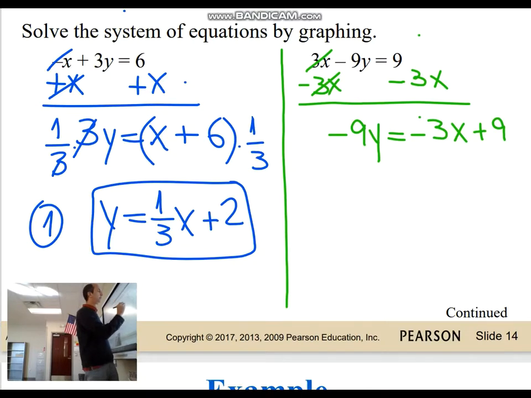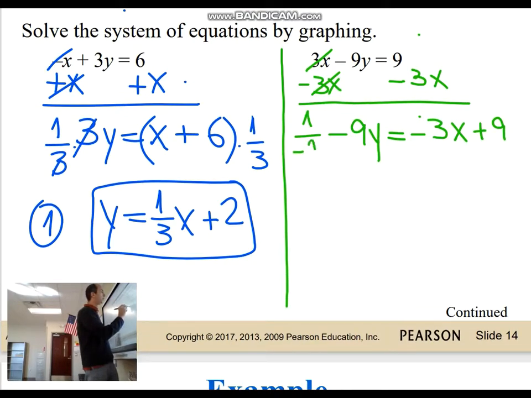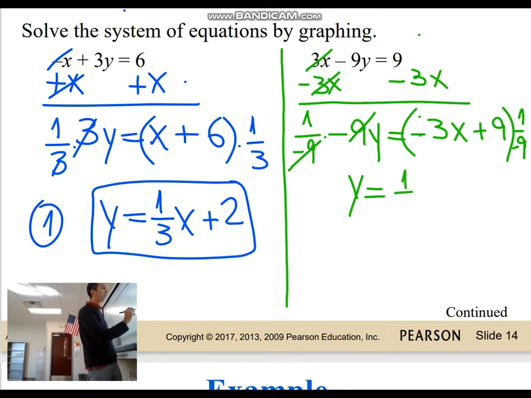Multiply both sides by negative 1 over 9, or divide both sides by negative 9, same thing, right? Simplify, so y equals negative 3 divided by negative 9, 1 over 3 x, and positive 9 divided by negative 9, negative 1.